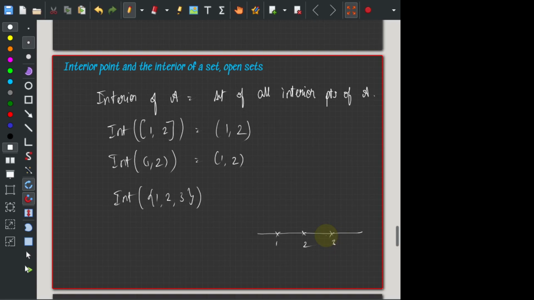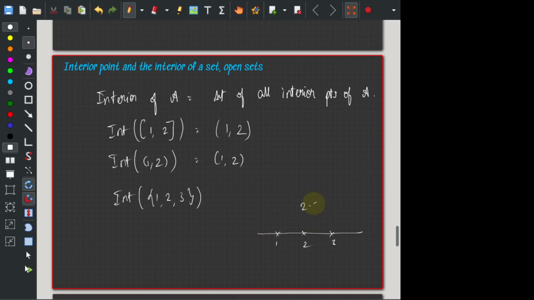Firstly, what is an interior point of any of these points? Let's take the point 2. I take a ball of radius epsilon around 2. Is it fully contained in this set? So again, what is the neighborhood?